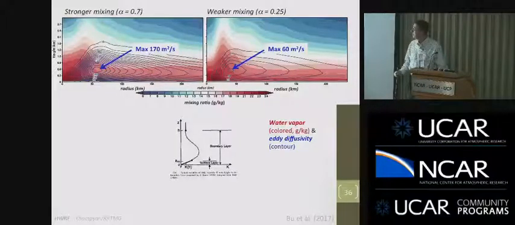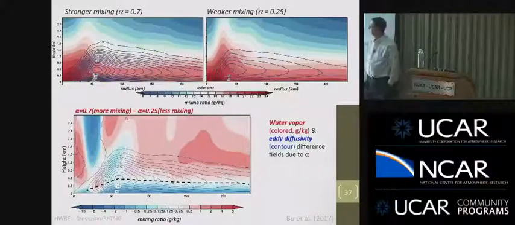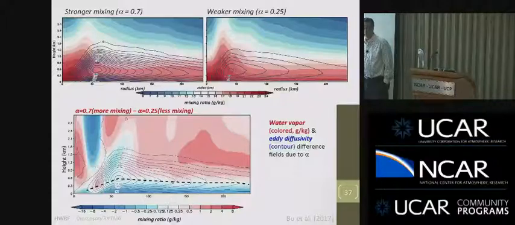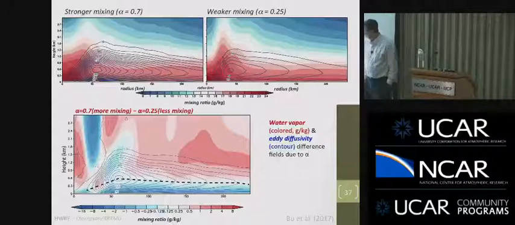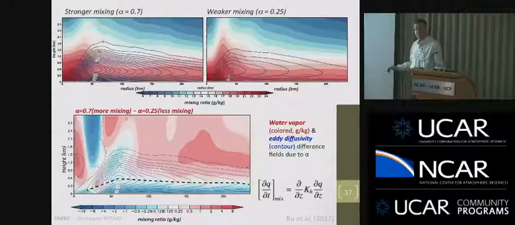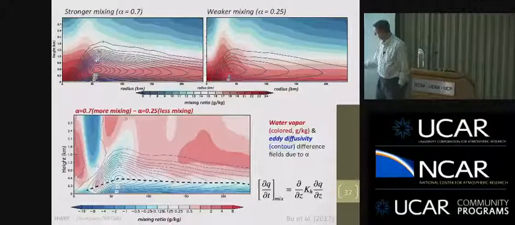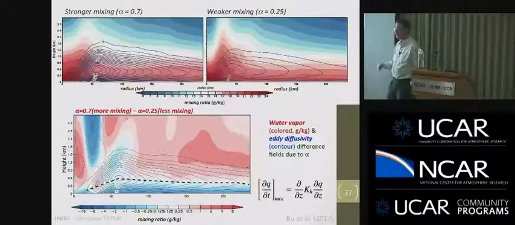So now I'm going to take these fields and subtract them, and we have something that looks like this. Subtracting the mixing fields leaves a mixing field that looks like this. Subtracting the vapor fields leaves this. And what you're seeing here, if you can even see this in the back, is consistent with this equation. Larger mixing is basically producing less water vapor, absolute humidity near the sea surface, and higher water vapor content closer to the top of the deeper boundary layer that you get when you have a greater mixing.